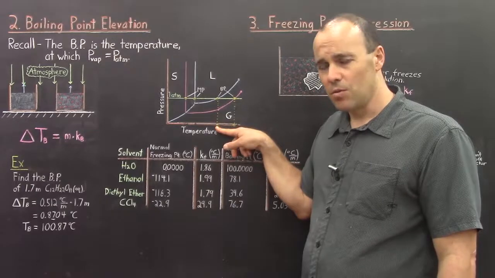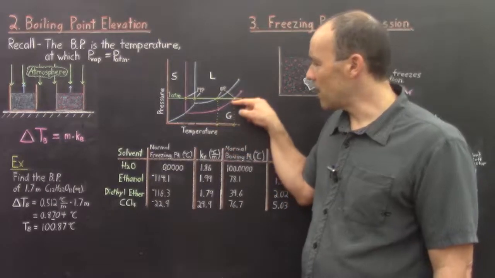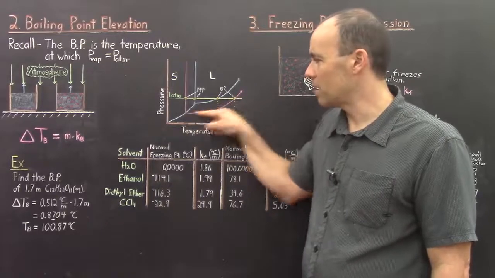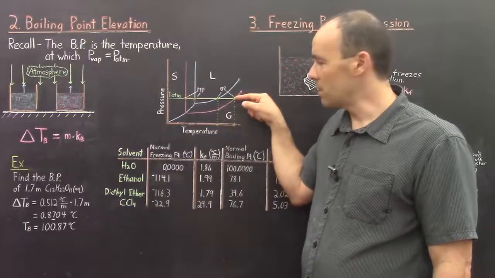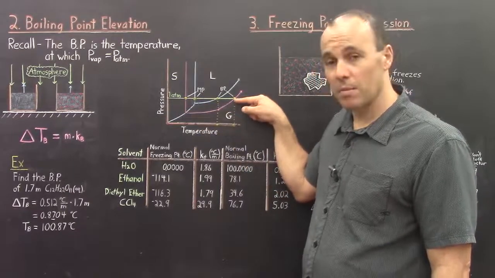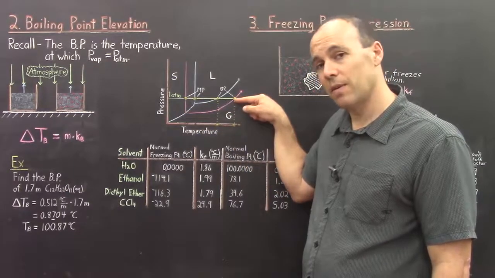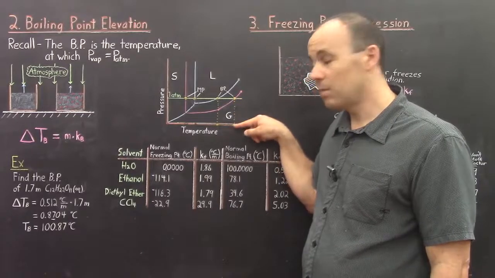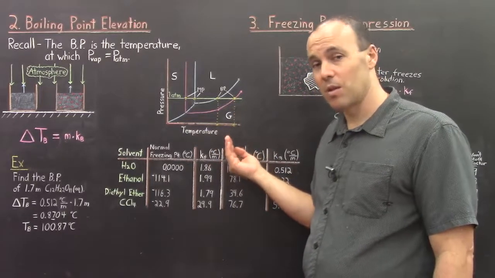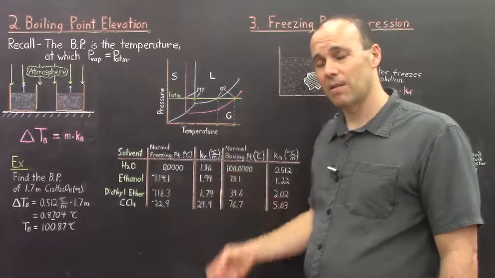When there's a solution, the solution will always have a lower vapor pressure, which is represented by the pink lines right here. And so in order for the solution to be brought up to 1 atmosphere of vapor pressure, it needs to be raised to this temperature. So you see the boiling point has increased a little bit, as indicated by the phase diagram.